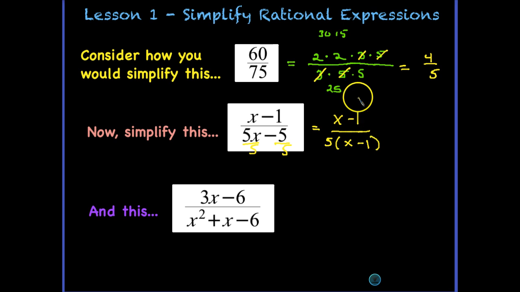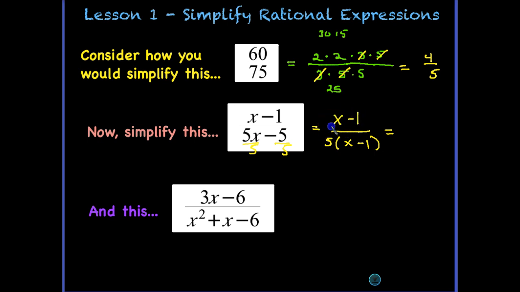Okay, I have completely factored my numerator and my denominator, and now I just need to cross off what's in my numerator and in my denominator. So it looks like we have x minus 1 in both. Now remember that I can't just cross off an x separate from 1 because this is an expression. It's connected with a minus sign.